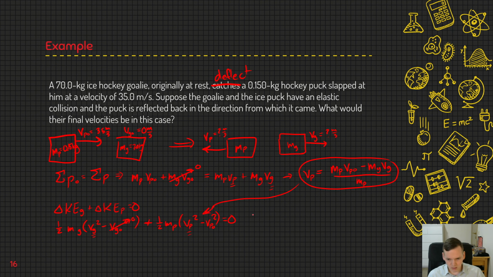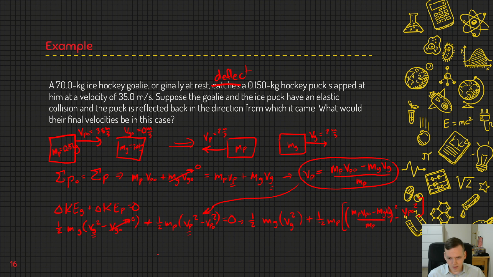And we'll get 1/2 mass of the goalie, final velocity of the goalie squared, plus 1/2 mass of the puck times the quantity mass of the puck times velocity of the puck initial minus mass of the goalie times velocity of the goalie, over mass of the puck, squared, minus velocity of the puck initial squared.